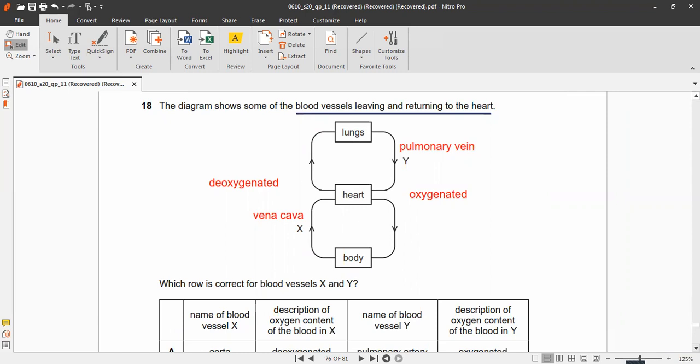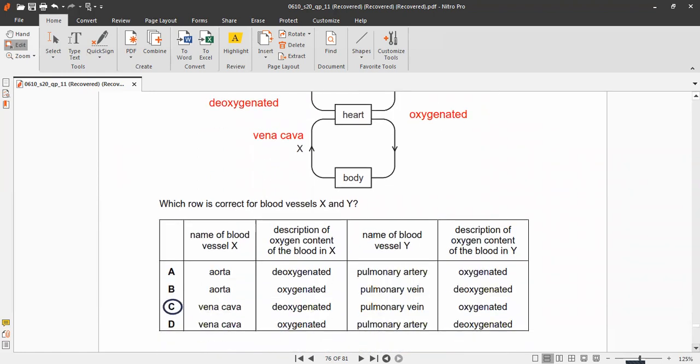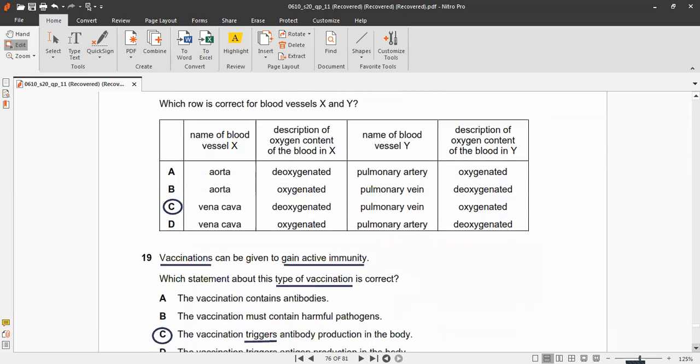And X, from the body through the vena cava, carries deoxygenated blood to the right atrium. So vessel X is the vena cava, carrying deoxygenated blood, and Y is the pulmonary vein, which comes from the lungs after gas exchange to the left atrium, carrying oxygenated blood.